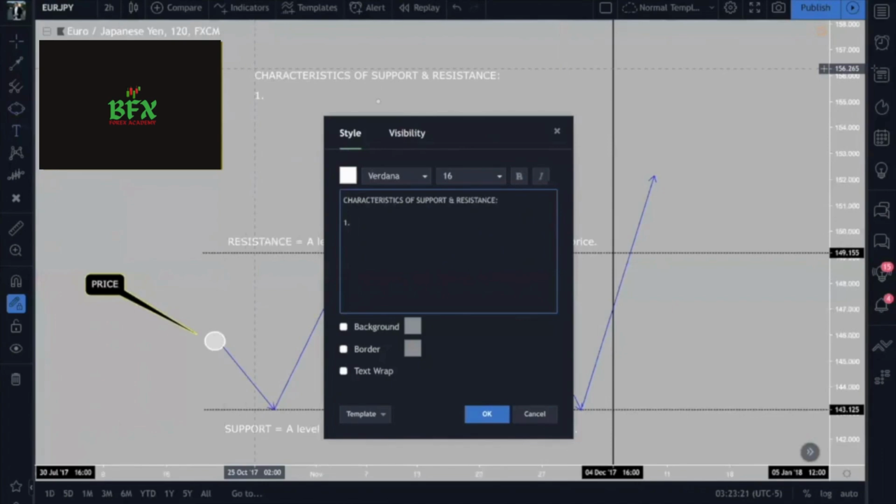Because, and this is important, so make sure you take note of this: 1, when support breaks, it becomes resistance. 2, when resistance breaks, it becomes support.